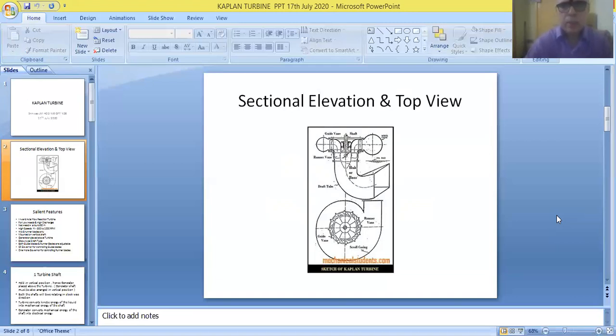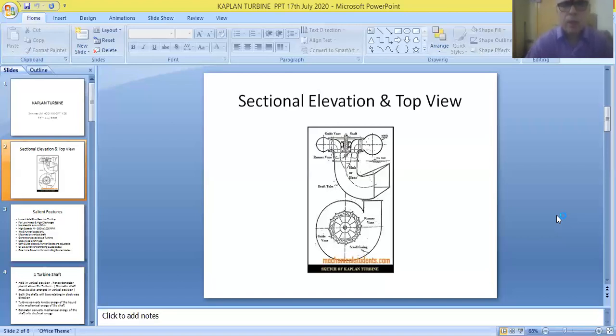Basically, this KAPLAN turbine is mounted on a vertical shaft. So it is called a vertical shaft turbine. The shaft of the turbine will be rotating at around 1000 RPM. So therefore it is called a high speed turbine.